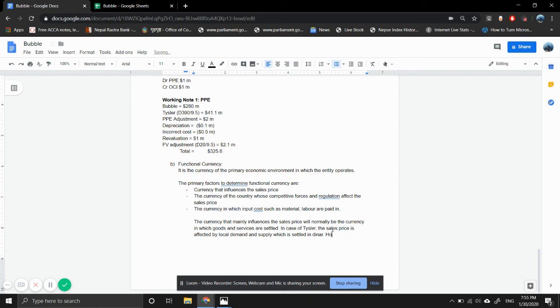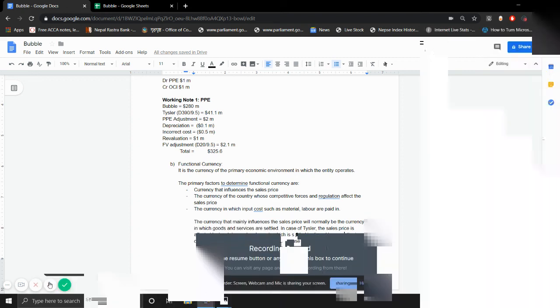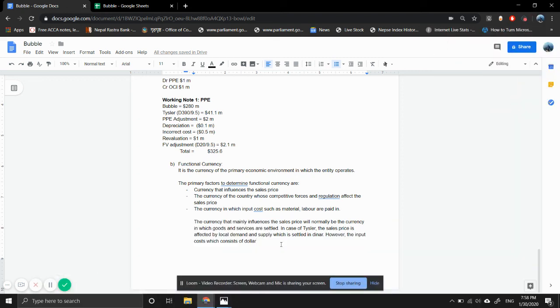And then after that, however, in this case, the input costs, which consist of dollar, so however input cost, which consists of dollar, makes it complicated and it is inconclusive.